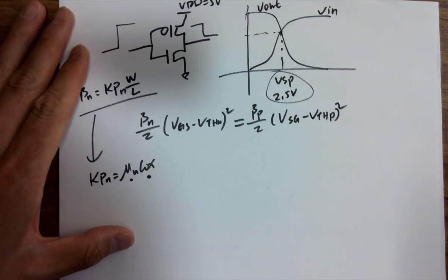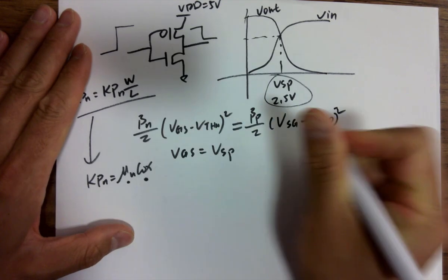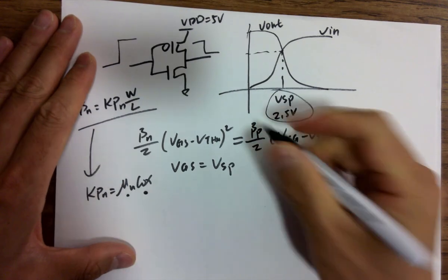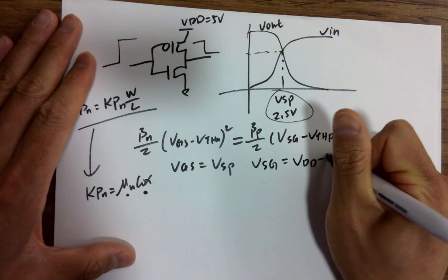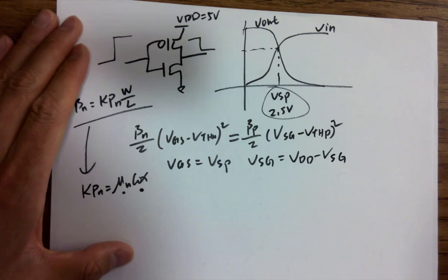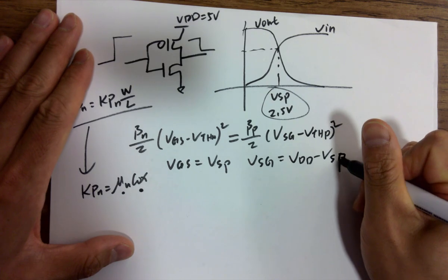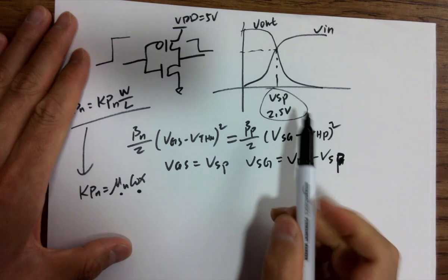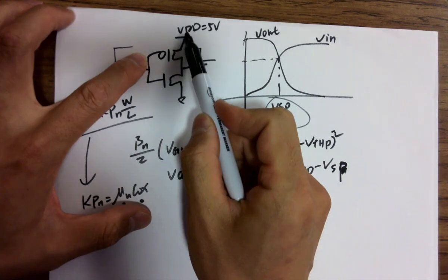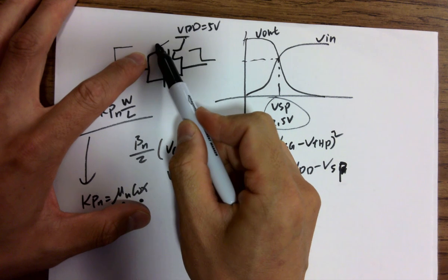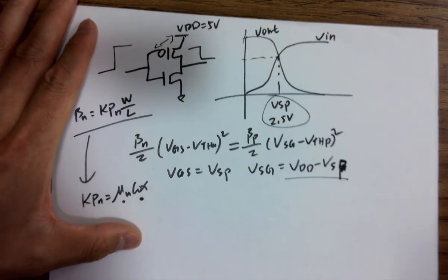So they are equal. And we know that VGS is basically VSP at this moment, and VSG is VDD minus VSP. At this moment, the voltage here is VSP and the voltage here is VDD, so the VSG becomes the difference between VDD and VSP. That's why it's written this way.